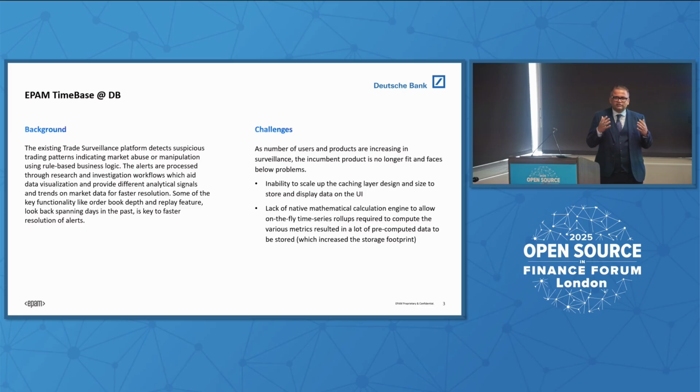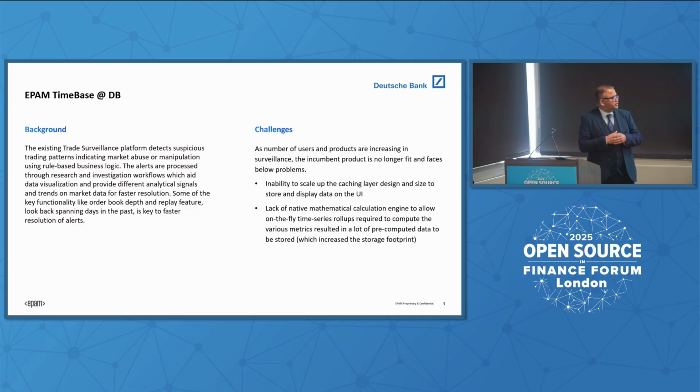So we took a slightly different, user experience-based approach, where we looked at what happens when a particular trade surveillance analyst is working on a particular alert, what sort of data points they go through, how difficult it is for that analyst to analyze the vast amount of data, and what sort of technology we should bring in to actually solve that kind of problem.